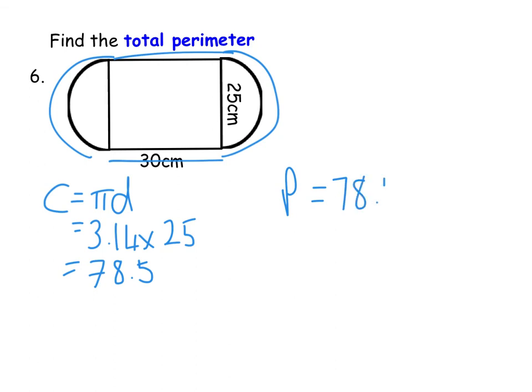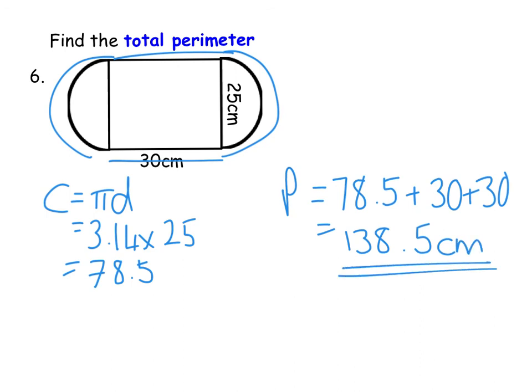So it's 78.5 plus 30 plus 30. And that gives you 138.5 centimetres for the full perimeter. So remember, 2 half circles make a whole circle. There's no point in finding half a circle and then doubling it. You're giving yourself extra work, okay?